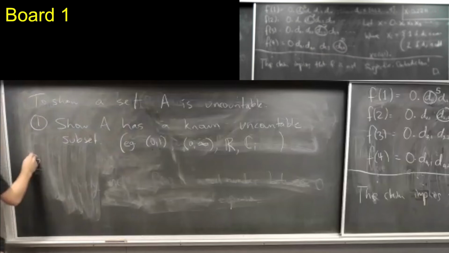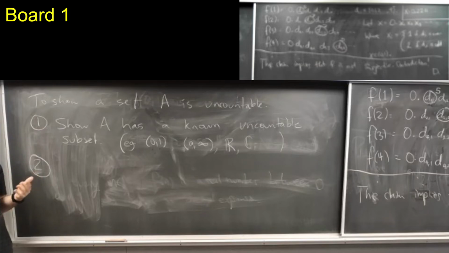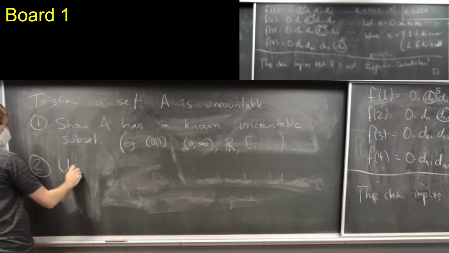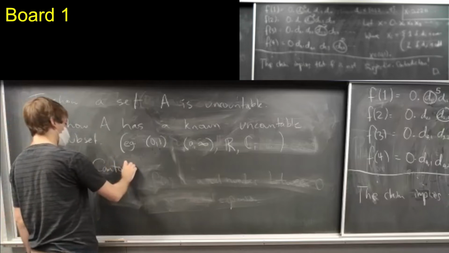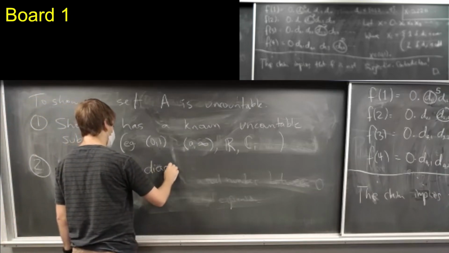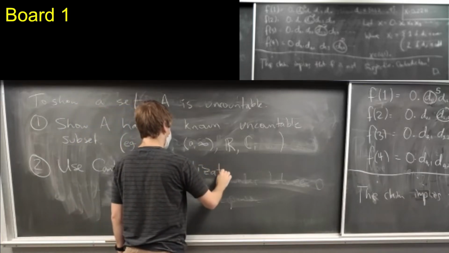But if you can't do it this way, or if the question tells you to do it in a certain way, you might have to do it by going through this argument here. So this argument, by the way, is called Cantor diagonalization.